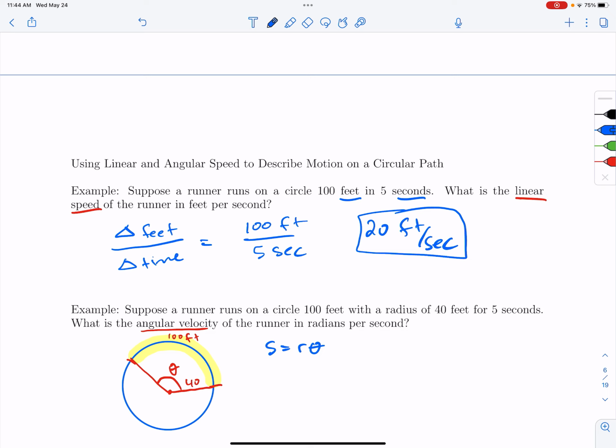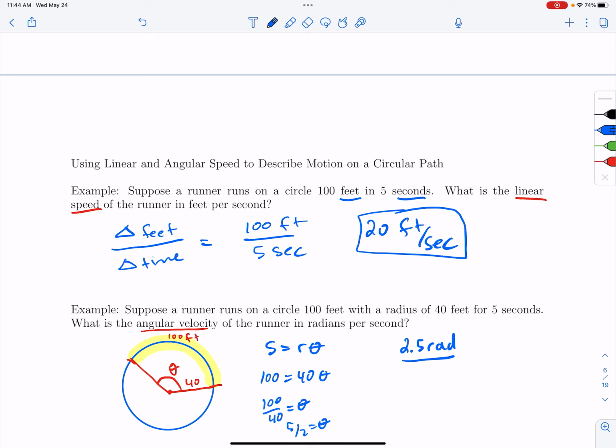We're going to do this so that we can find out what that angle is. The arc length here is 100 feet. The radius is 40 times theta. So I get 100 over 40 is equal to theta. I can reduce that to 5 halves. So 5 halves radians is the angle that this runner has passed through, so 2.5 radians. So 2.5 radians divided by the change in time.